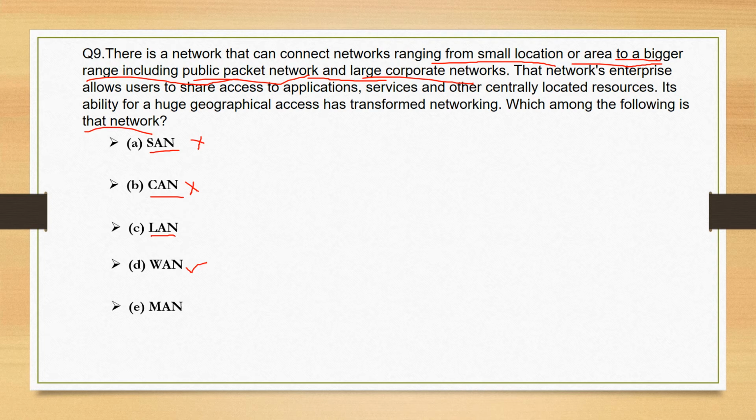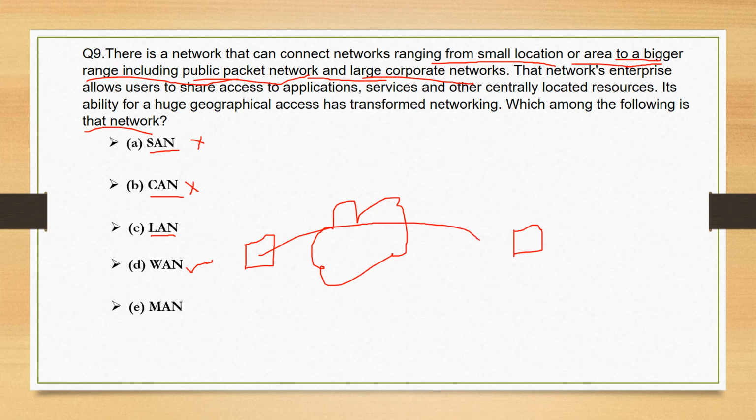WAN is a wide area network, and this is a networking technology which is used for a small location and an area bigger than that, including the public packet network. So if public packet is coming, it means some cloud will be coming, and we are going to have a network between two PCs. If we are communicating from one PC to other PCs through the cloud, then it is going to be the wide area network.